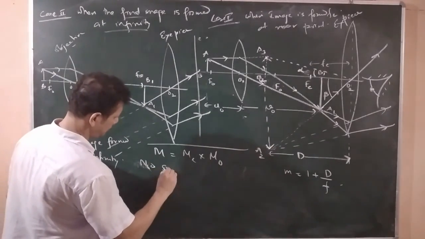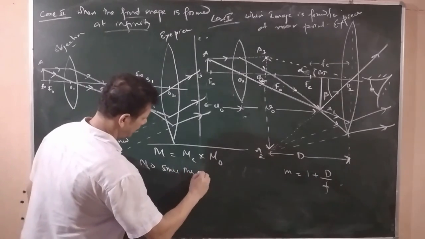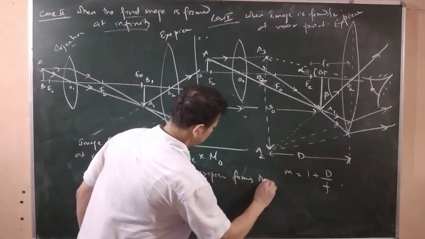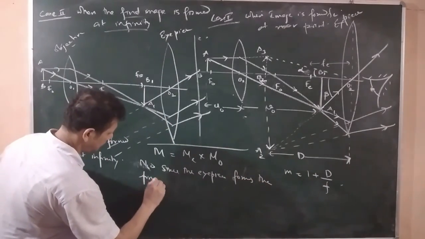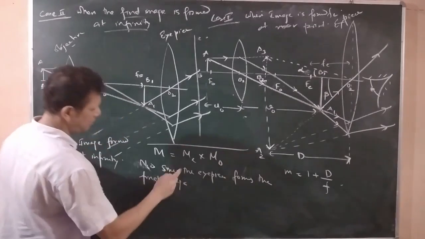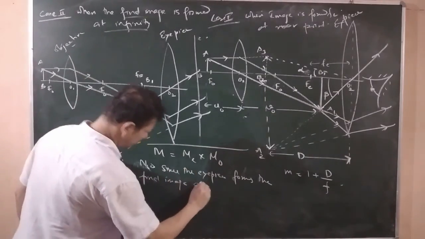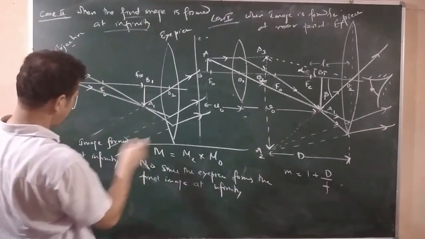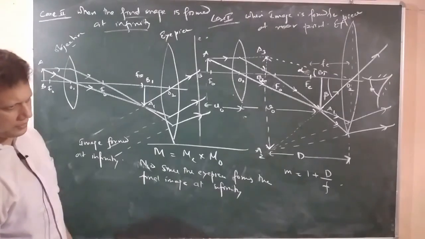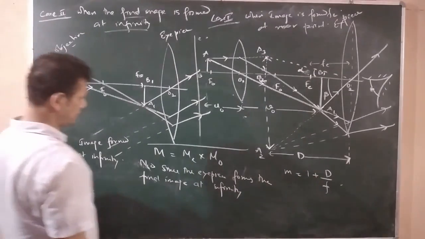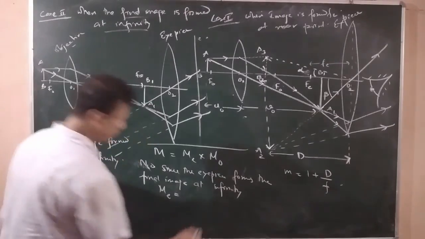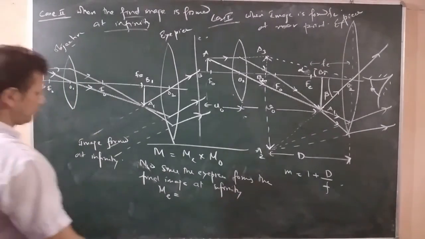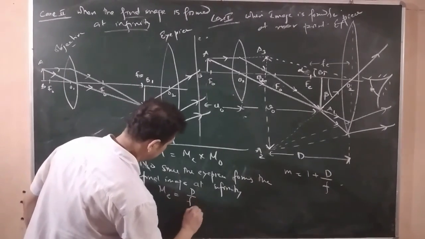Since the eyepiece forms the final image at infinity, in that case me will be equal to d by fe.